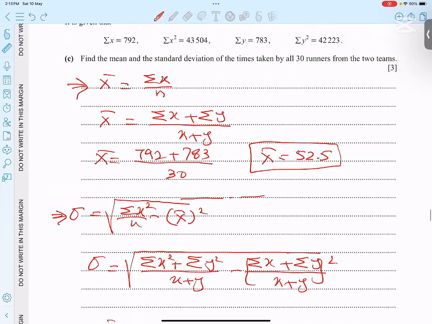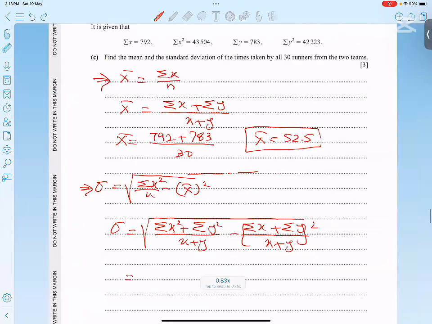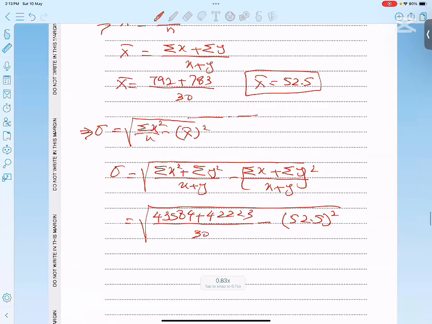So 43504 plus 42223 over 30, minus, to save time, I just type this one in here, 52.5 whole squared, and root.